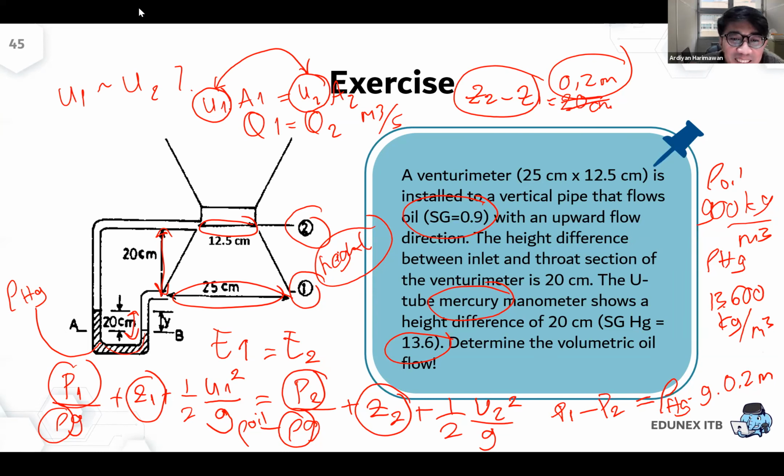Okay, can anyone still remember? You have this arrangement. This is the venturi, the bigger diameter, and then it goes to the smaller diameter. Besides Bernoulli, what other equation can you use to correlate the velocity? Reducer, sir? Yeah, then what type of equation?